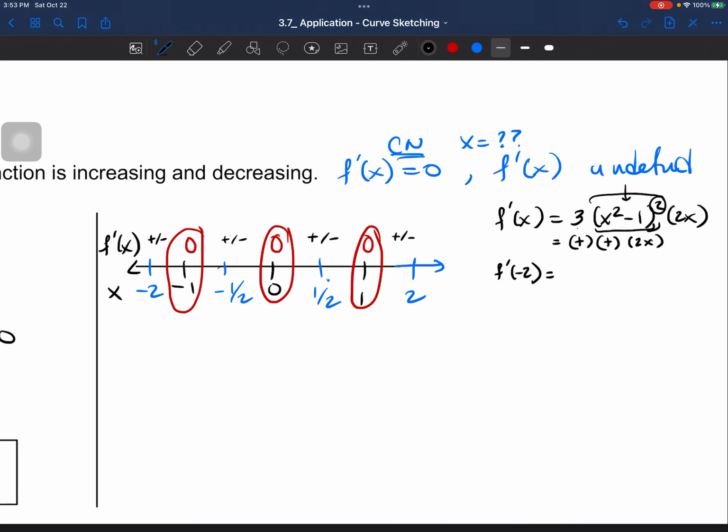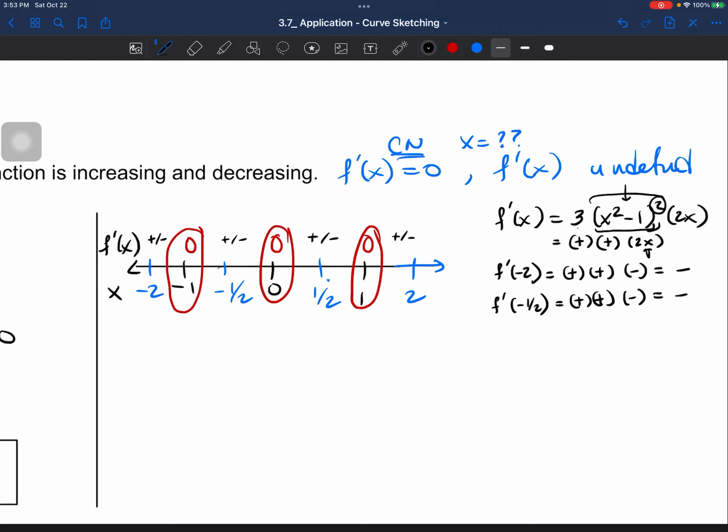That makes it easier for us to work with. So when you plug in -2 in here, you have negative 2 times a positive 2, which makes it negative. So this whole thing is going to be negative.